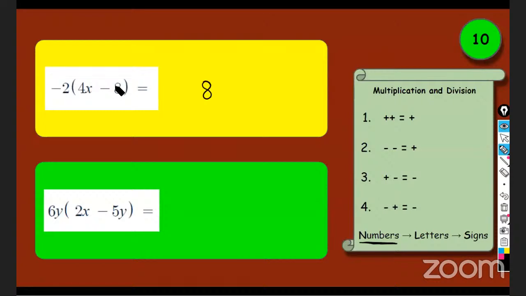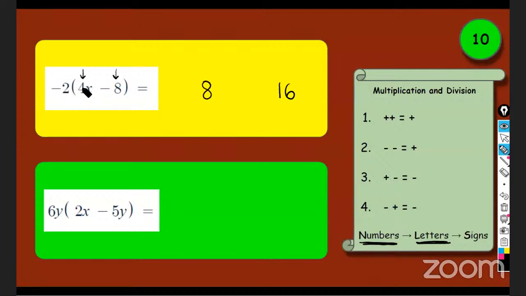8. But don't we also have to multiply this 8 by the 2? 2 multiplied by 8 is 16. We're multiplying both of these by who is waiting on the outside. And we start with the numbers. Next on the list is what? Letters. When you were multiplying the 2 by the 4, what letter was involved?